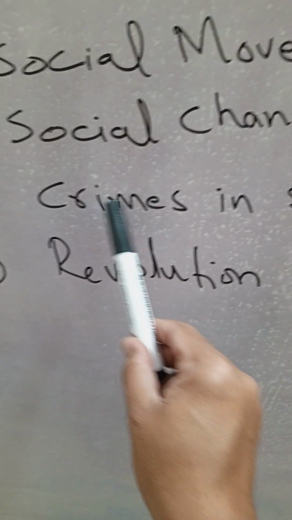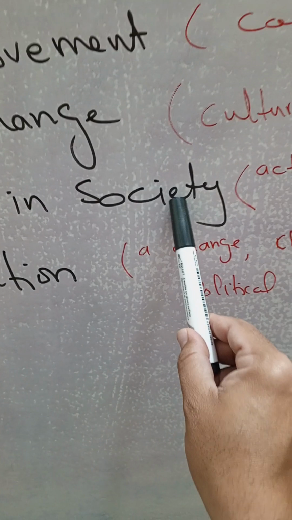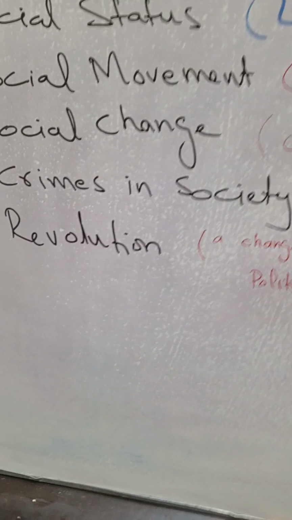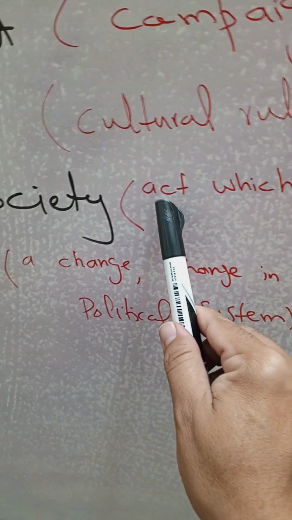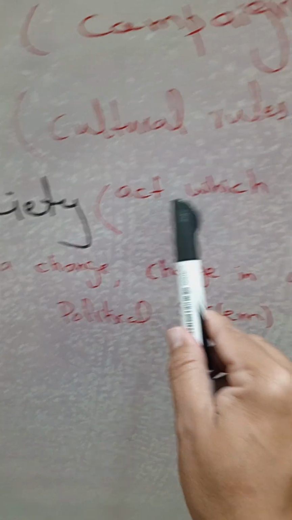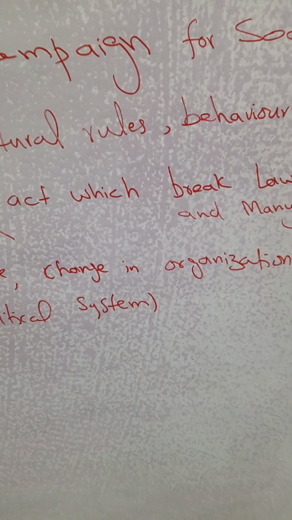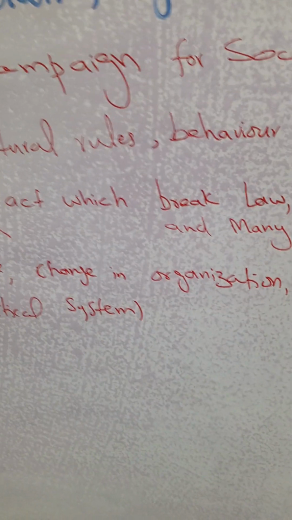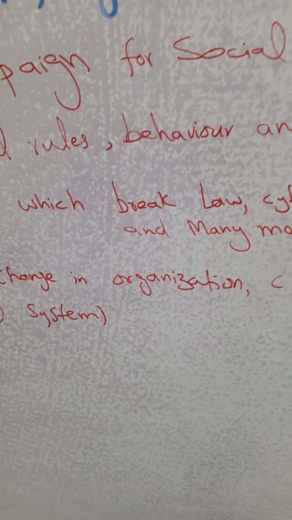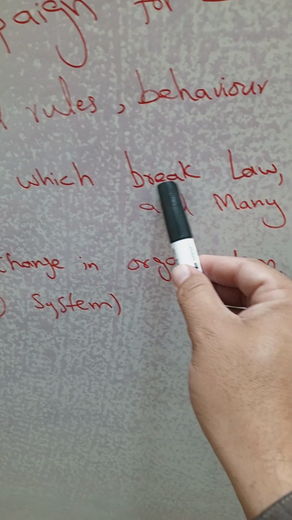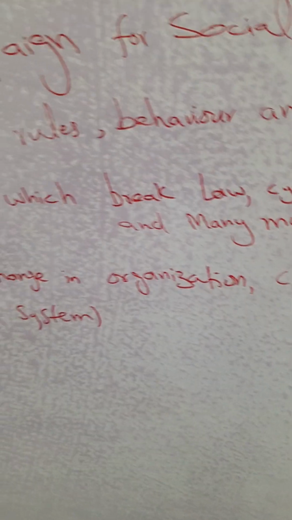Another topic is crimes in society. The first question that arises is, what is crime? Crime is basically an action which breaks laws. Either the law is a written law of the society, or it can also break the social values of society.